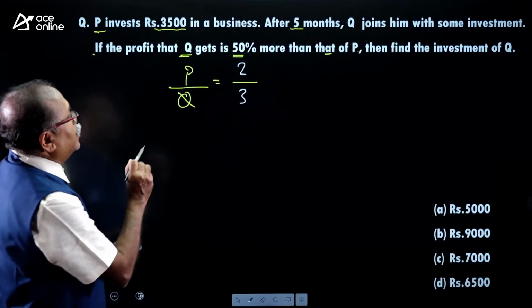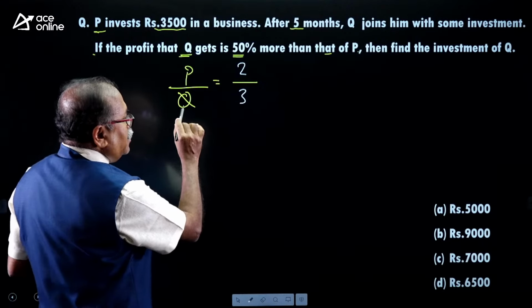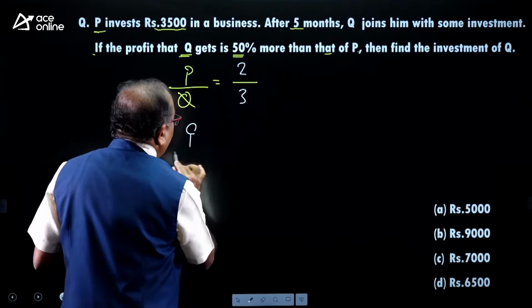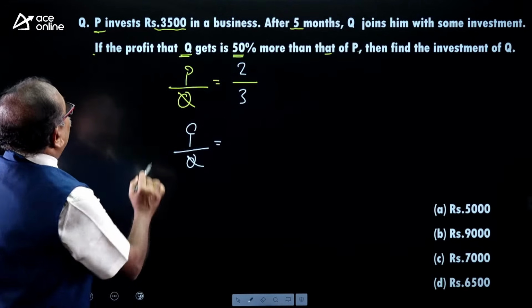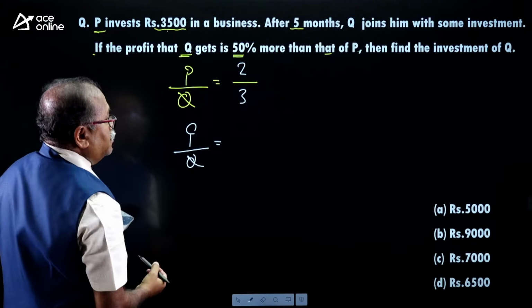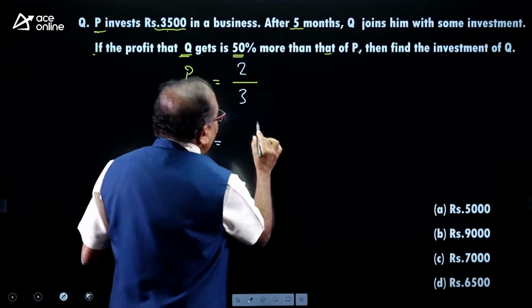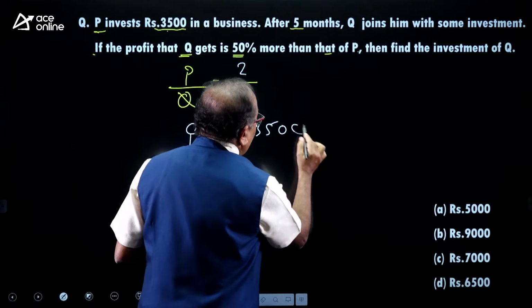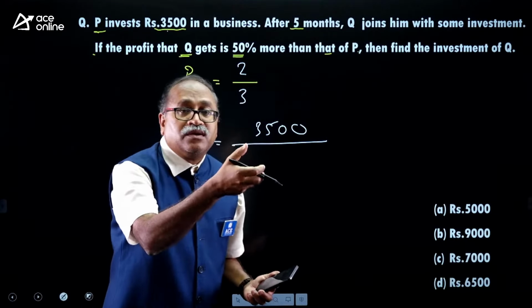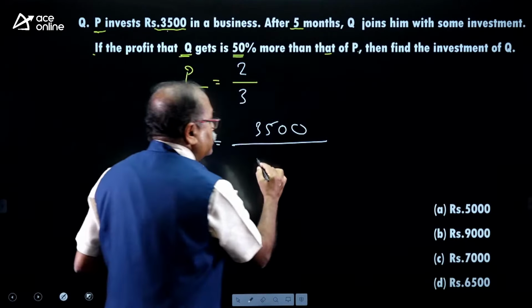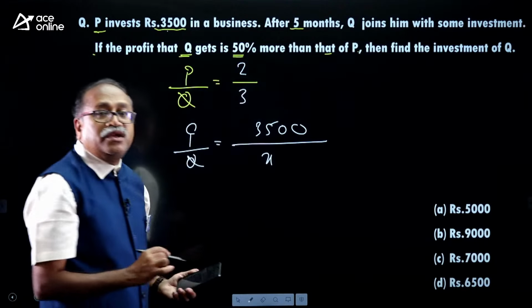Now I know what is the P by Q. I am giving some hints to you. Now he invested 3,500, P. 3,500. Whereas Q invested certain money. Consider that as X. Am I right?